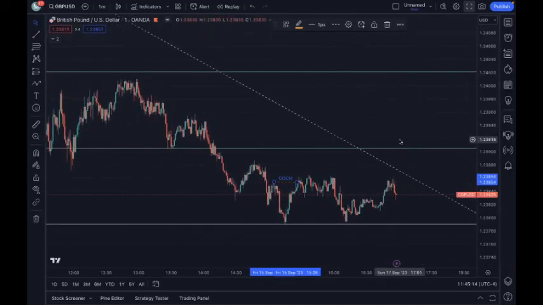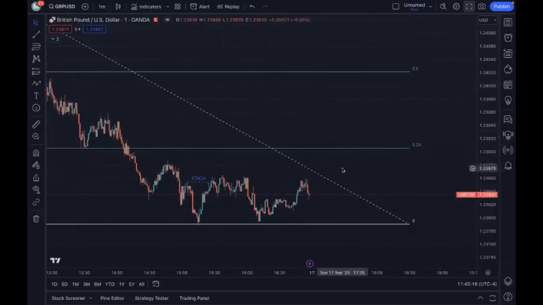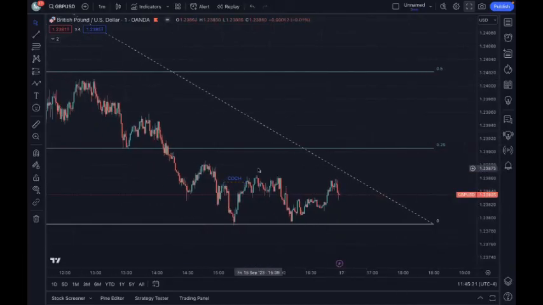Now remember, I'm targeting between here and here. And to be smart about it, I'm going to be looking for equal lows. You can clearly see relatively equal lows here and even here. That will be my first TP here. I'll target here and I'm out.